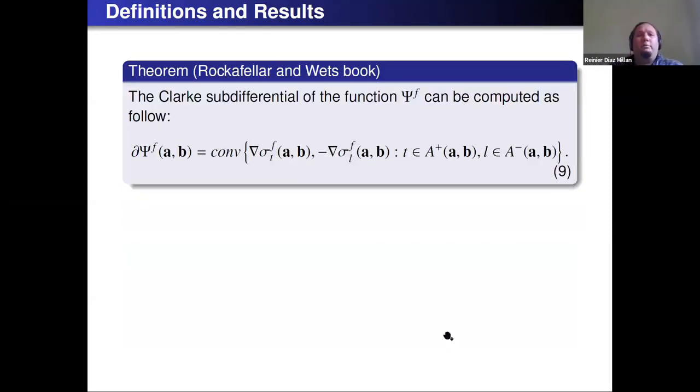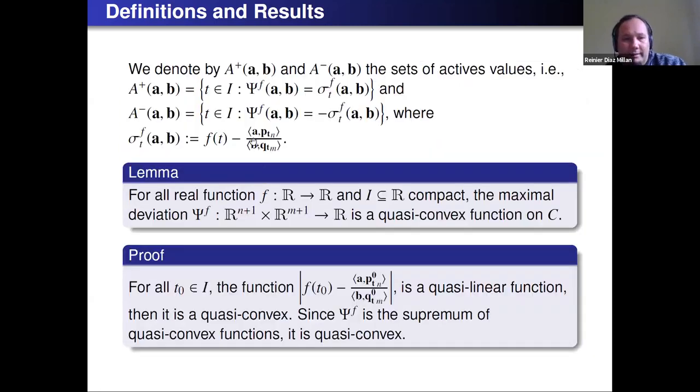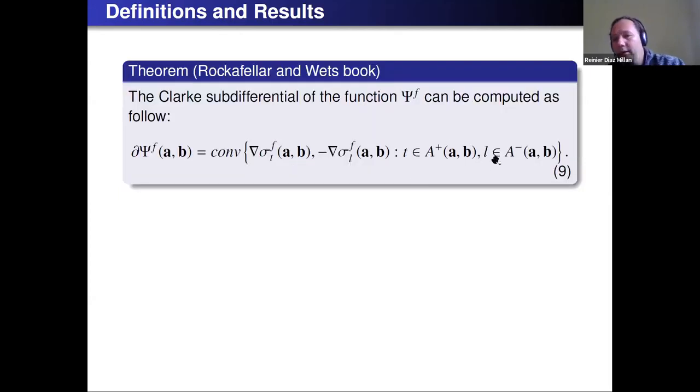Now, in the books of Rockafellar and Wets, on variational analysis, I don't remember the exact name of the book, they prove that the Clarke differential of this function is equal to the convex combination of all the derivatives, or the gradients, of this function, but computed at the active points.